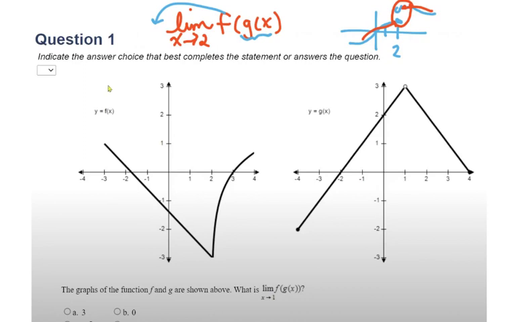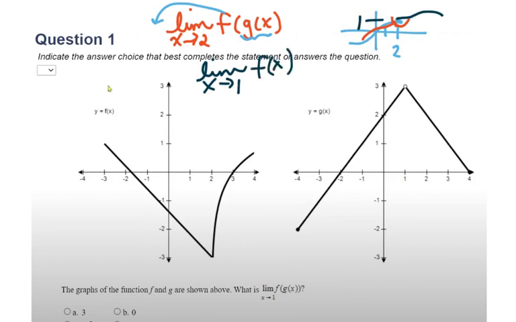But if the limit did exist, so let's suppose, back over here, we approached 2 and we ended up at 1. Then what we do is we look at what happens to the limit as x approaches 1 on the function f.